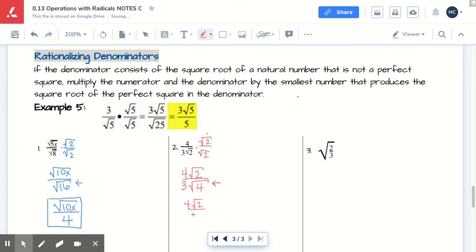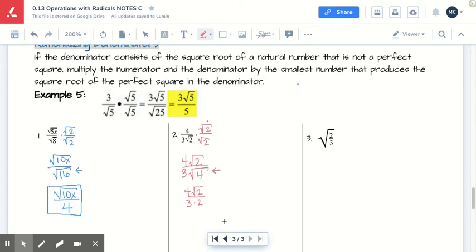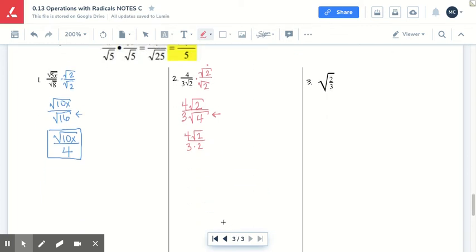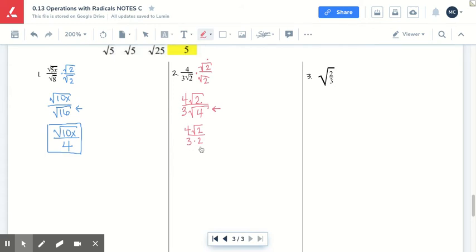Fortunately, and by design, the square root of 4 is a perfect square. That's 2. So now in the denominator, I've got 3 times 2, which of course we can multiply together. That's 6.